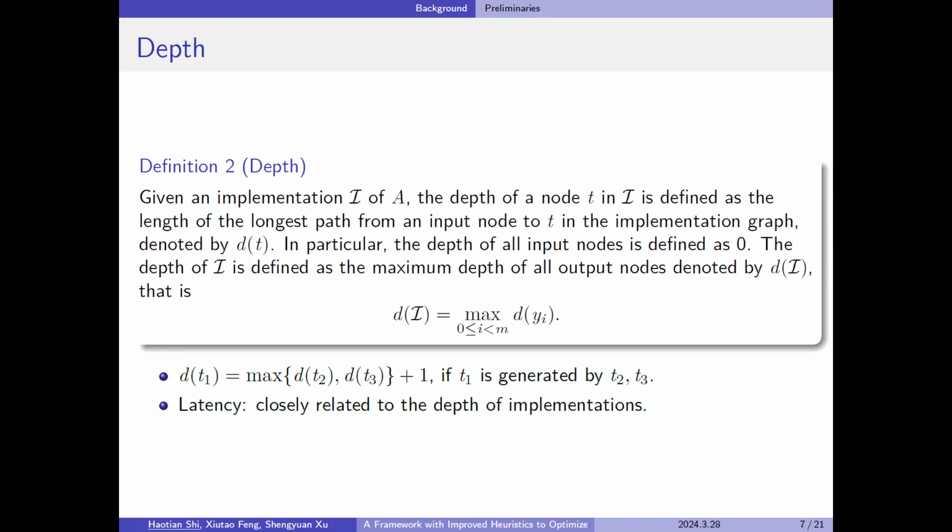Actually, it is a simple property that d(t1) is equal to the maximum of d(t2), d(t3) plus 1 if t1 is generated by t2 and t3. Then the depth of the implementation is defined as the maximum depth of all output nodes, denoted by d(I). The depth of the implementation is related to the latency.